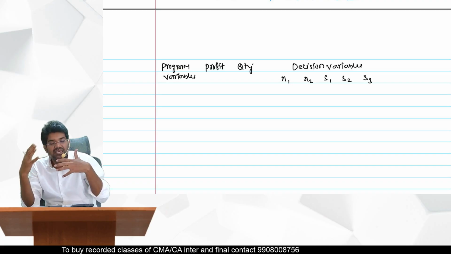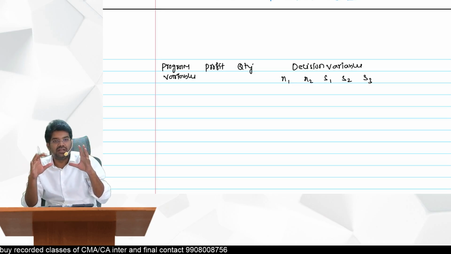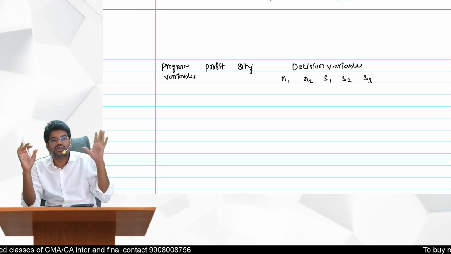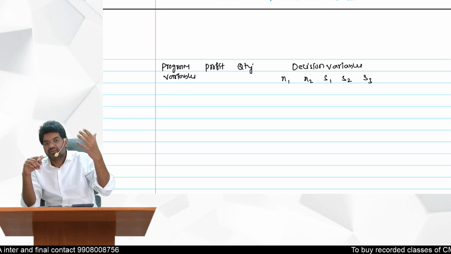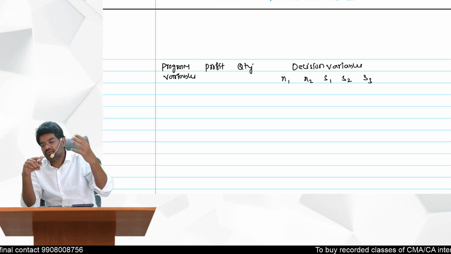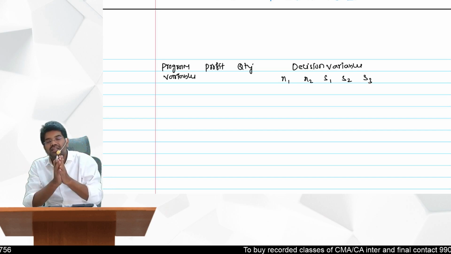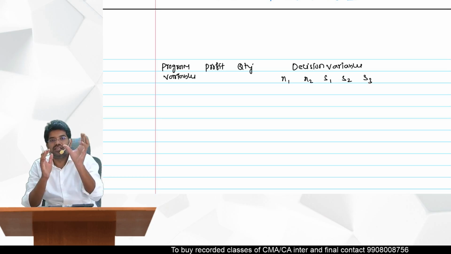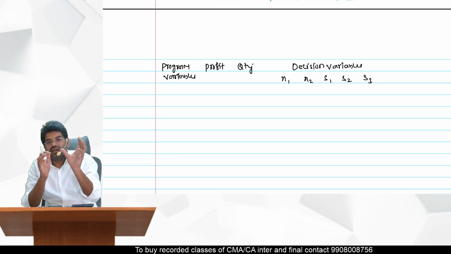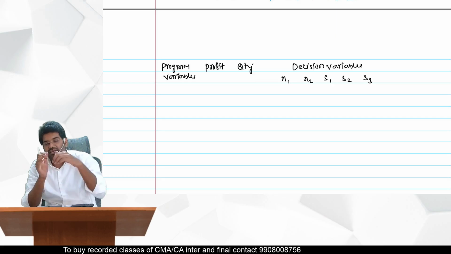That is the thinking. So the first corner point we usually start with in the simplex method is 0, 0. For the variables, we assume the decision variables are 0. The quantity is 0. So here x1, x2 we will assume as 0. That is the value you should consider.